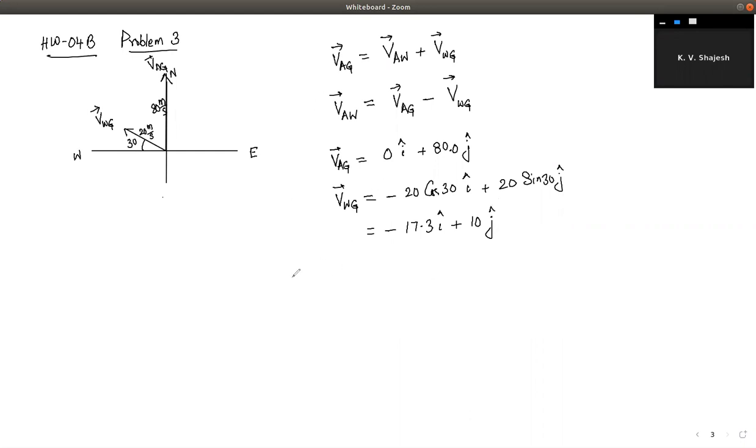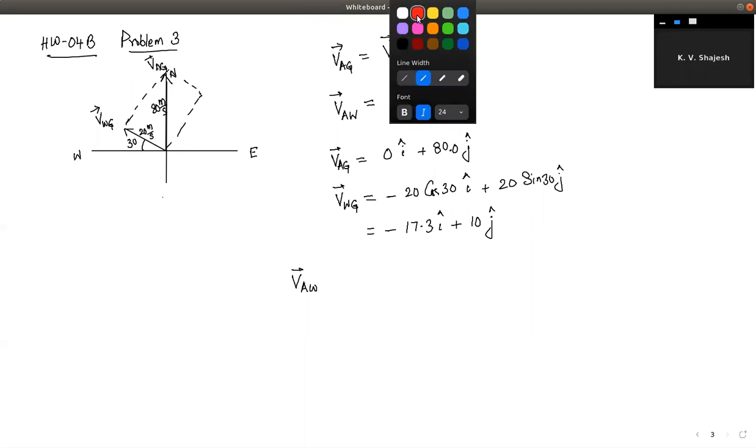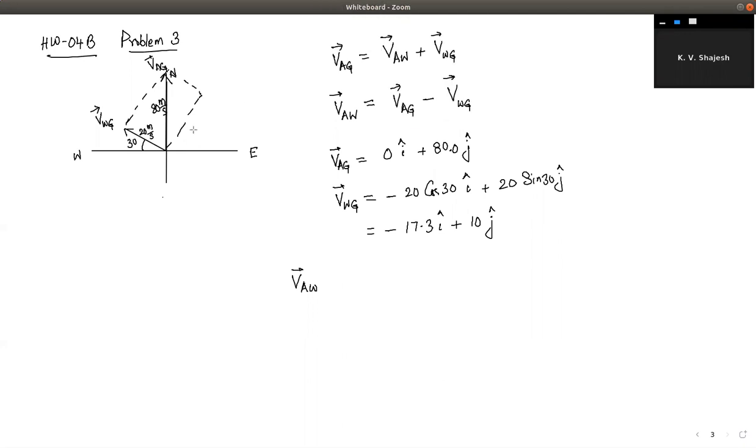So the velocity of the aeroplane with respect to the wind, this has to add up together. So it's clear that it should be somewhere like this. So that will be the direction in which the aeroplane has to head.